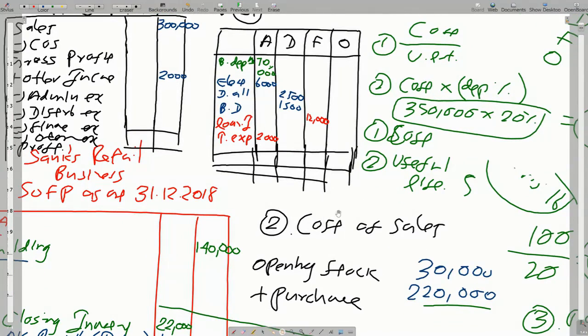First we get the total amounts of our expenditure table. The administrative expenses: the amount is how much? 70,000, then 6,000, then 2,000. It's about 78,000.